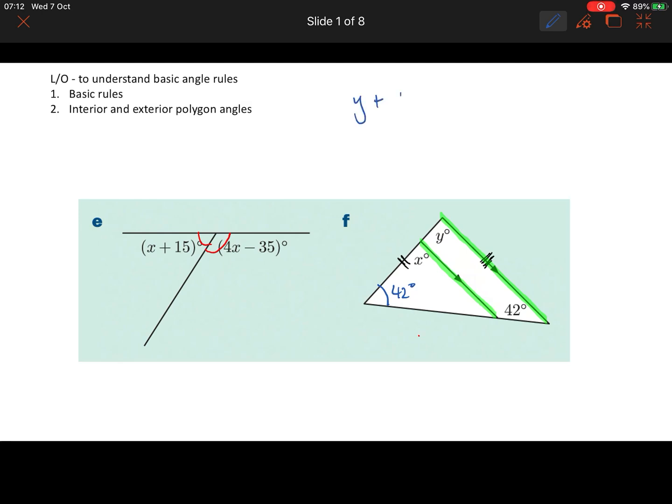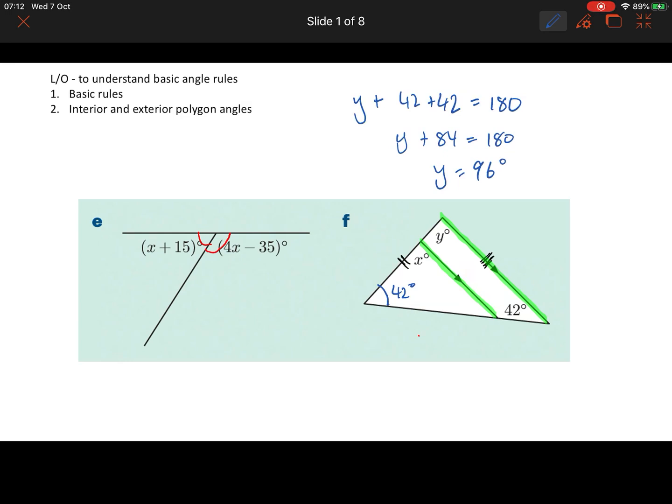So y plus 42 plus 42 is equal to 180 because the sum of interior angles in a triangle is 180 degrees. So y plus 84 is equal to 180. So y is equal to 96 degrees. Okay?